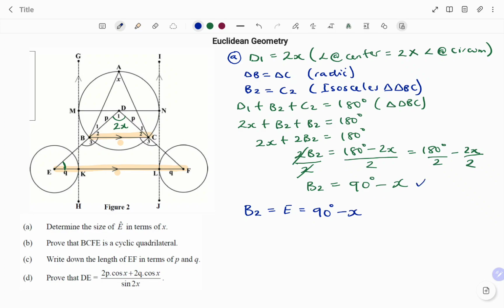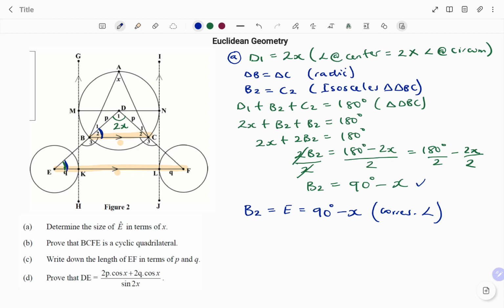The reason why angle B2 is equal to angle E is because they are both corresponding angles. We have a parallel line, so this angle is corresponding to this angle.